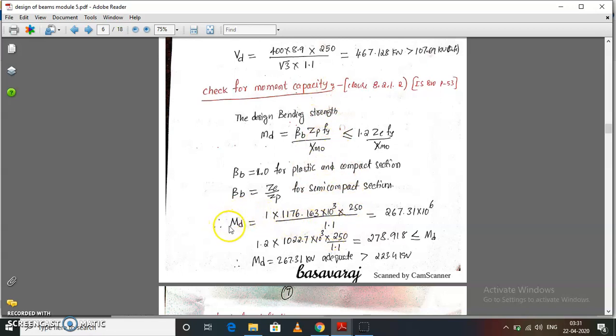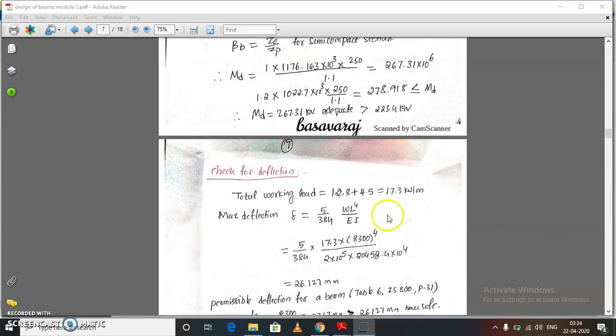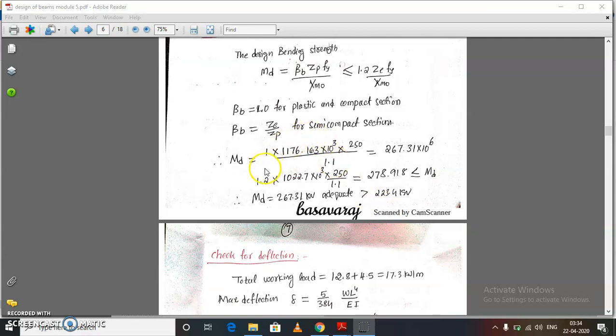That means the design bending strength of the section is 267.31 kilonewton meter. Again, that Md value should be less than or equal to 1.2 times Ze into fy by gamma m0. 1.2 into Ze elastic section modulus 1022.7 into 10 power 3 into 250 divided by 1.1, that is equal to 278.91.